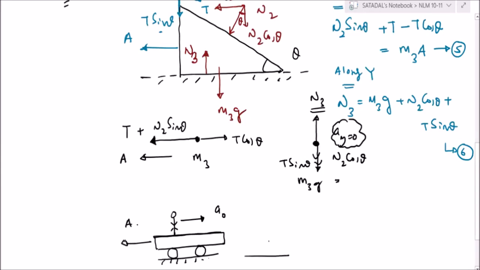So if there is a person standing on the ground, what will he observe? With what acceleration are you actually moving? You will observe A0 minus A. Right? If there is an observer on the platform, what will he observe? You will observe A0 only. That's it. This is the idea.